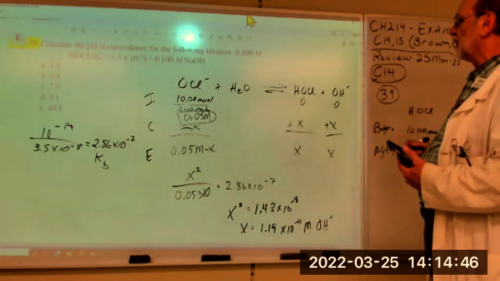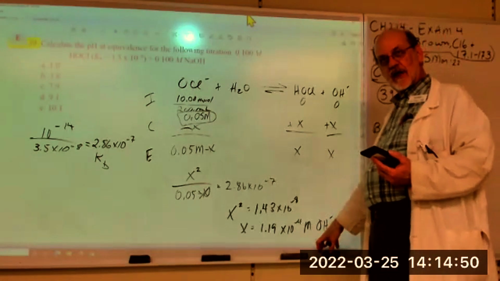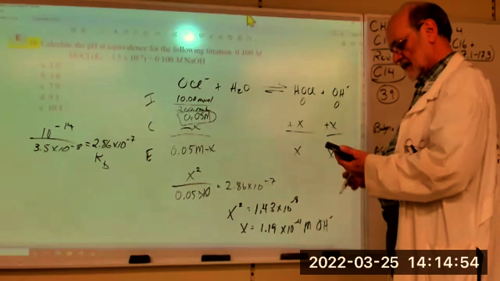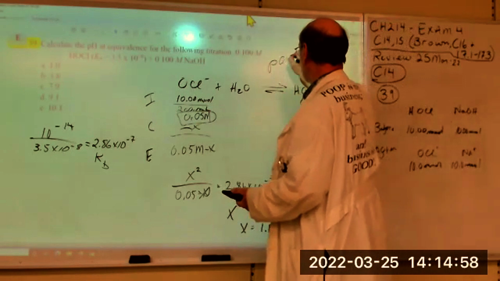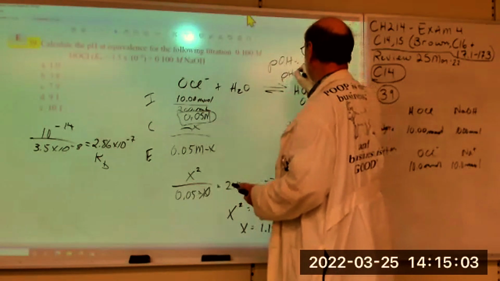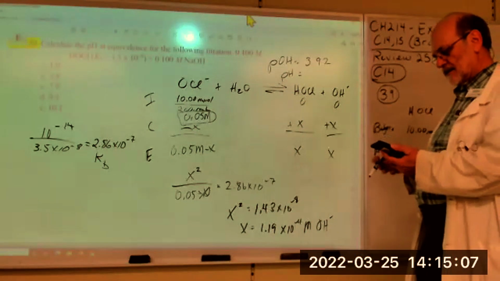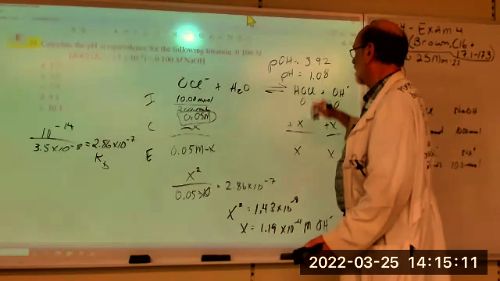And it asks us for the pH. So the pOH would be negative log of that, which would be 3.92. pOH equals 3.92, and pH is 14 minus that.